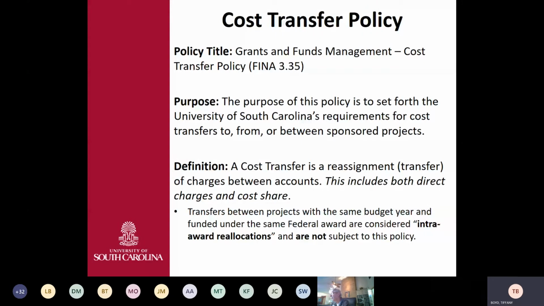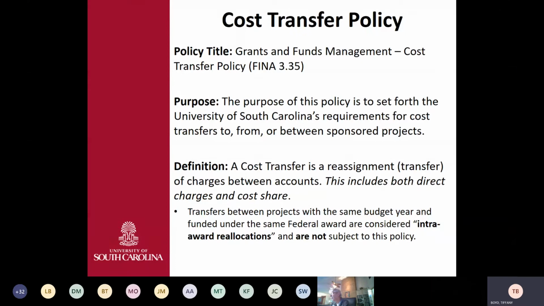A lot of times people get confused as it relates to cost share being counted as a cost transfer. Just because we're not changing where that cost is doesn't mean that external sponsors don't see it and view it as a cost transfer. Even though we're not changing the source of funding, we are placing a cost share tag onto it.